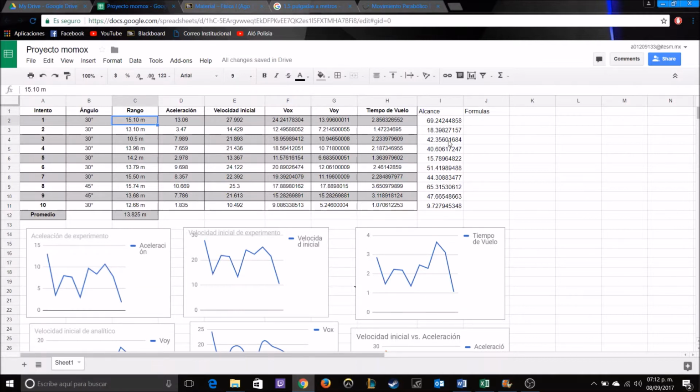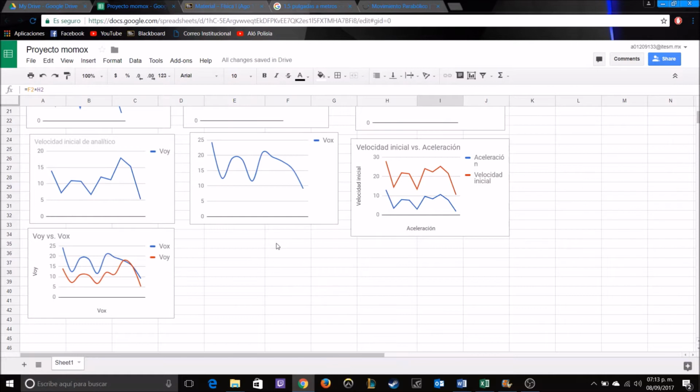So you can say that the accurate way to get the range of a parabolic throw is the analytic way more than the experimental way.